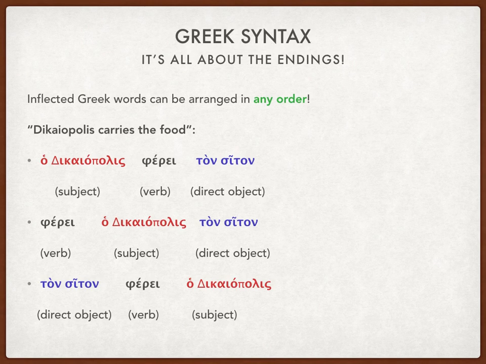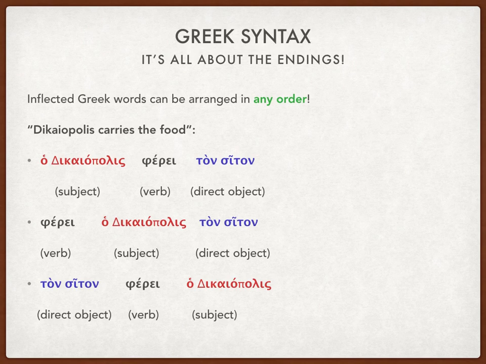So you can see in red, I need to use the definite article, ha, before his name, Dikaiopoulos. Once I put him in the nominative, he's the subject. No matter where he goes in the sentence, the beginning, the end, the middle, because he's in the nominative case, I know he's performing the action, and it doesn't matter where he goes.